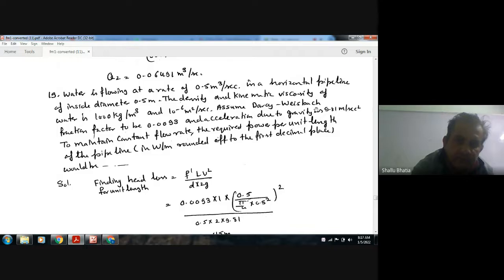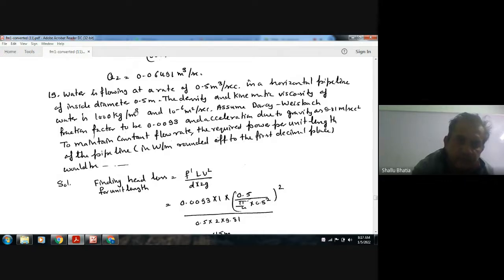Assume the friction factor to be 0.0093 and acceleration due to gravity as 9.81 meter per second square. To maintain the constant flow rate, the required power per length of the pipeline in watt per meter would be.